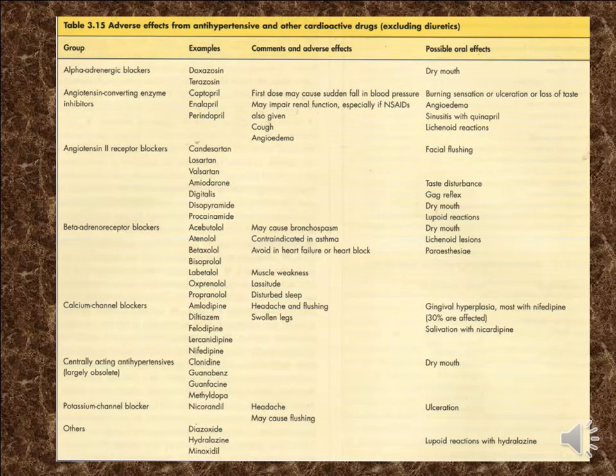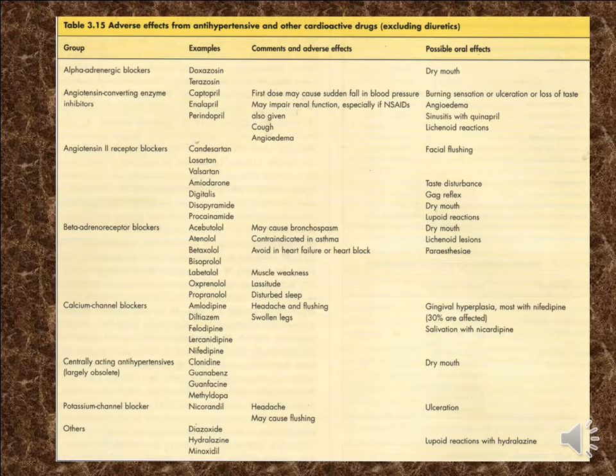This figure shows a table of the groups of drugs, with examples and common adverse effects and possible oral effects. First, the alpha adrenergic blockers, for example doxazosin and terazosin; the side effect in the oral cavity is dry mouth.